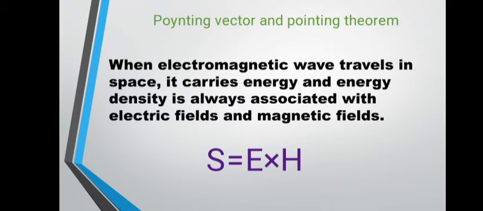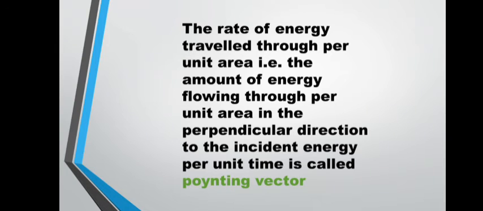The Poynting vector is represented as S, or also as P. So P or S is equal to E cross H. The rate of energy flowing per unit area, in a direction perpendicular to the incident energy, per unit time, is called the Poynting vector.